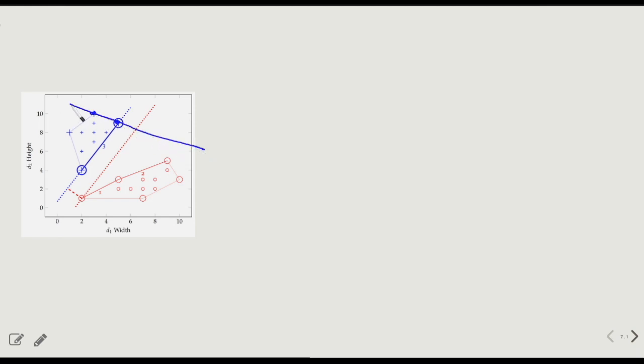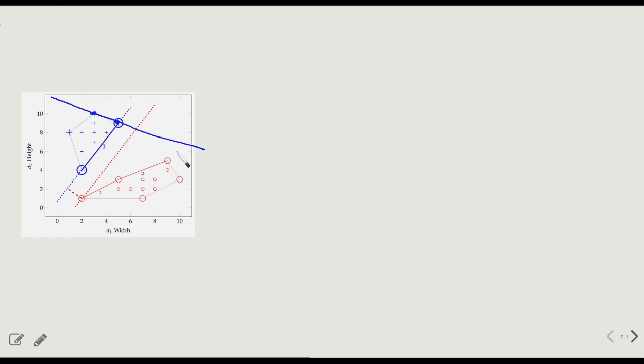Okay, so this is a line formed by these two data points. And we are going to look at, do all the data points in the same class fall on one side? And so in this case, all the blue data points are on one side of the line. So the first condition is met.